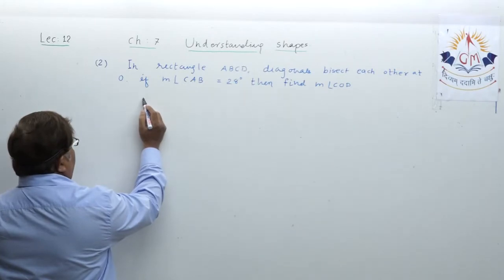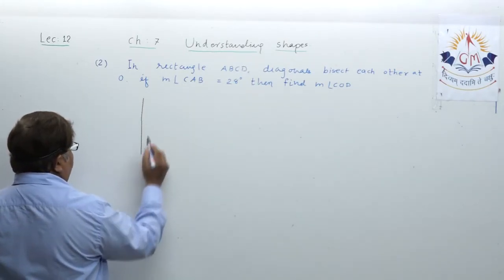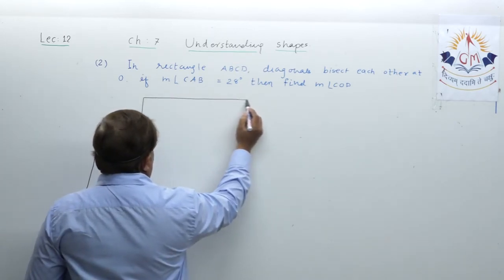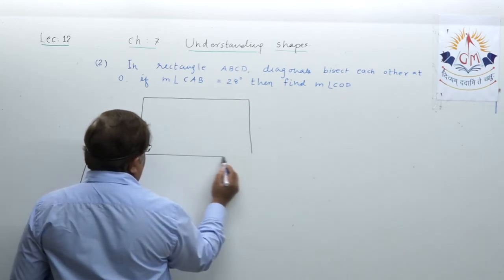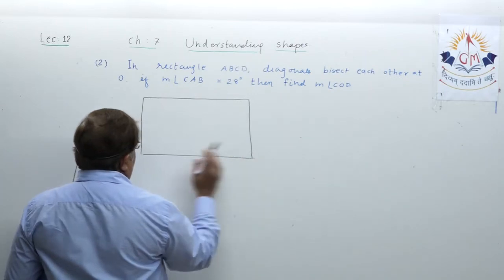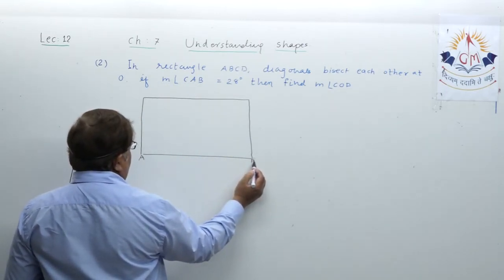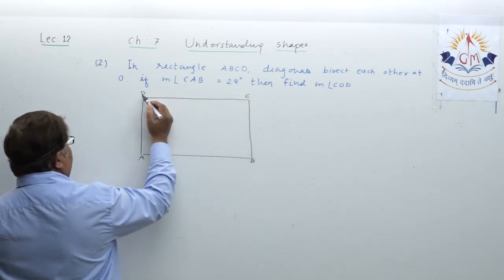Make a rectangle first, okay? Rectangle ABCD. Let us name it rectangle ABCD. What is said here?